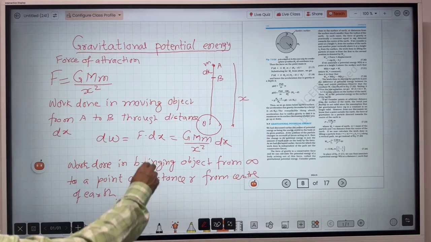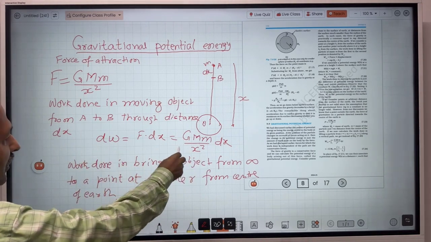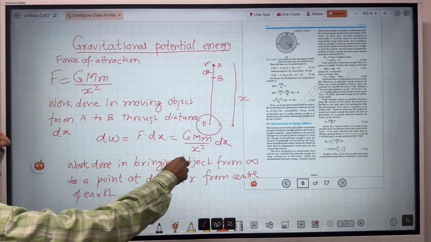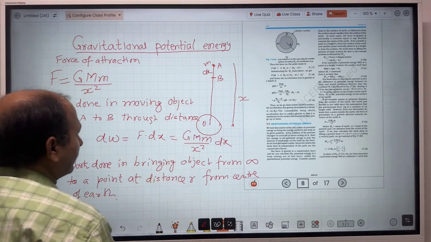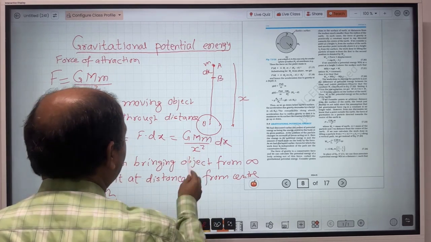Then we can integrate it. So it will become W equal to integration, and limits will be infinity to r, and then we can integrate it.